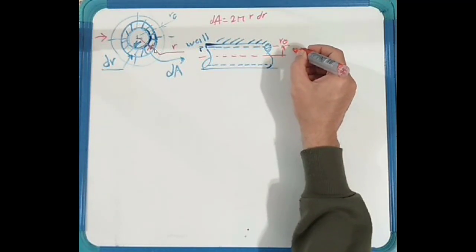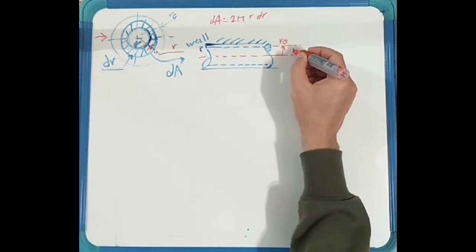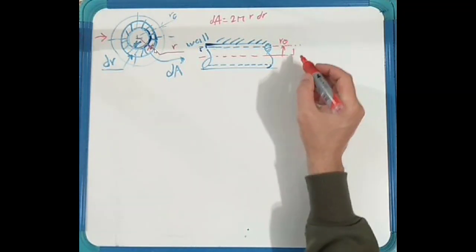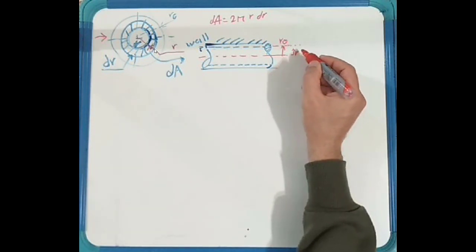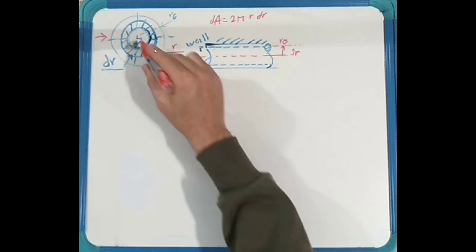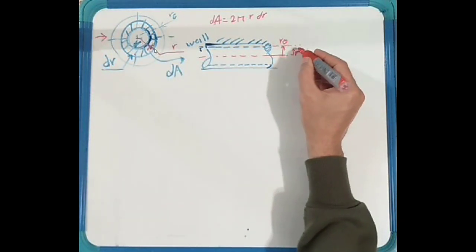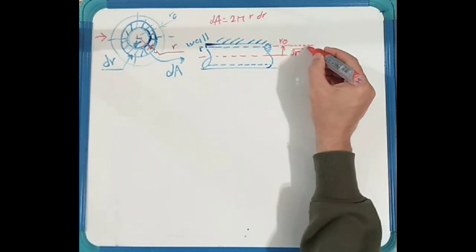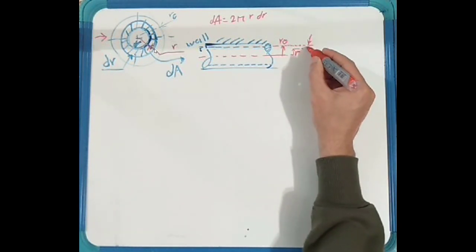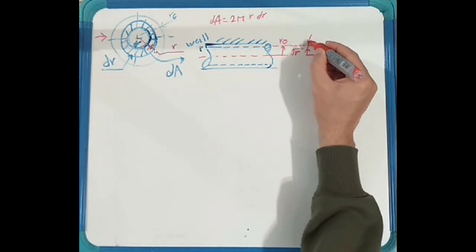If I put, for example, a point here, from this point to the center line is r, as I introduced it before, but from this point to the top wall is y.